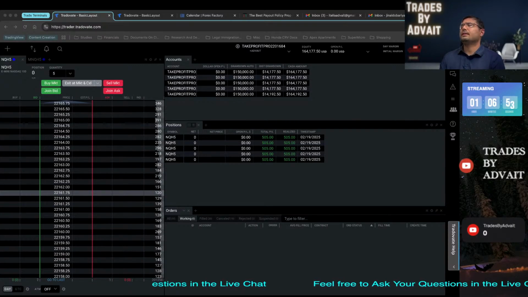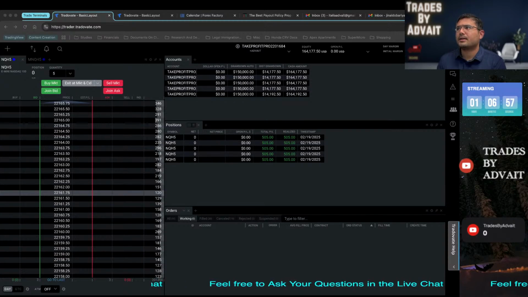What I want to see right now is a good pullback so that I can take a long position. But from what I see, it is just reclaiming the 15-minute range.